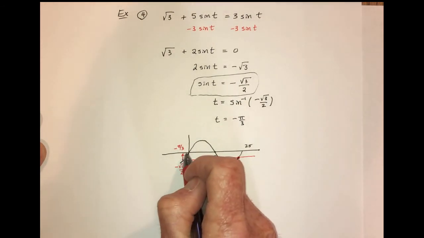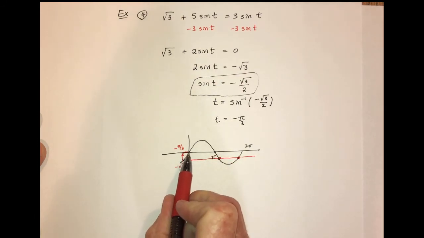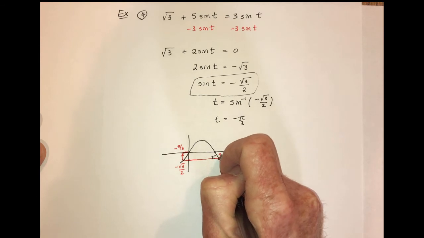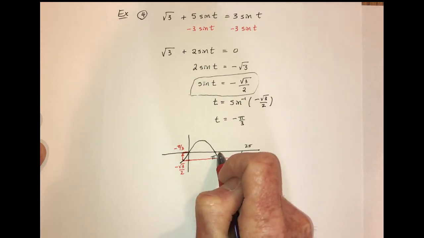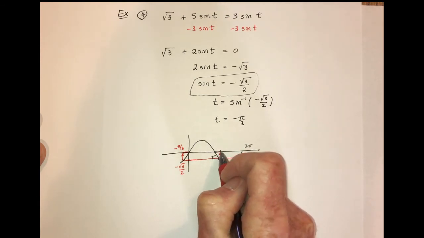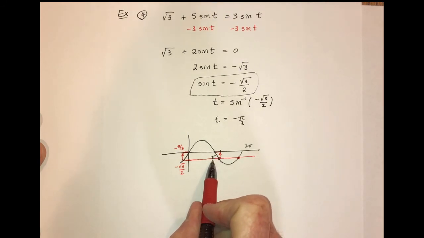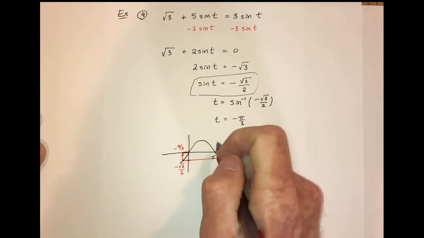So that means that this gap between the answer that we're looking for and where it hits the x-axis, that's a length of pi over 3. Negative just means it went to the left. So when we go to look for this answer, that means that this gap right here, that's a length of pi over 3, which means this answer is to the right of pi by pi over 3.